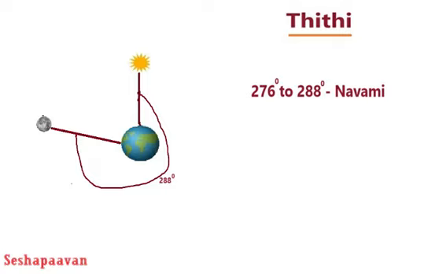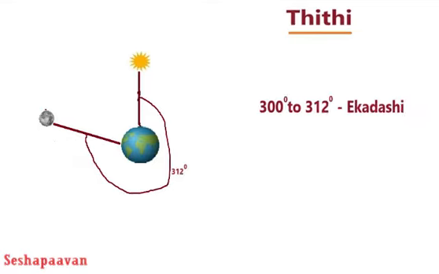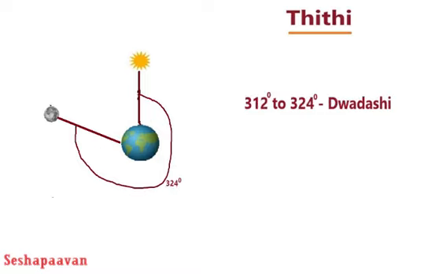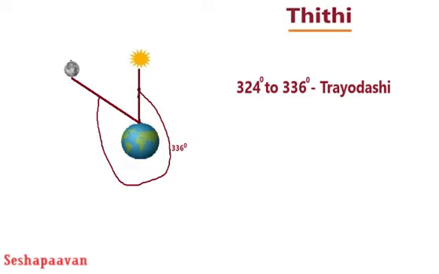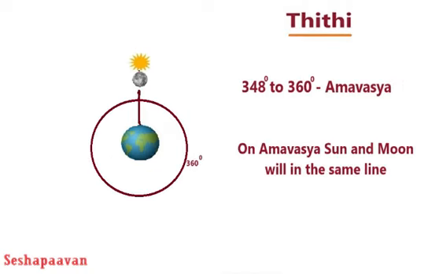276 to 288, Navami. 288 to 300, Dashami. 300 to 312, Ekadashi. 312 to 324, Dwadashi. 324 to 336, Trayodasi. 336 to 348, Chaturdashi. 348 to 360 degrees, Amavasya.